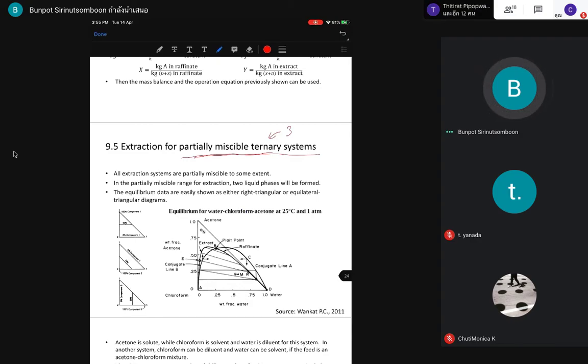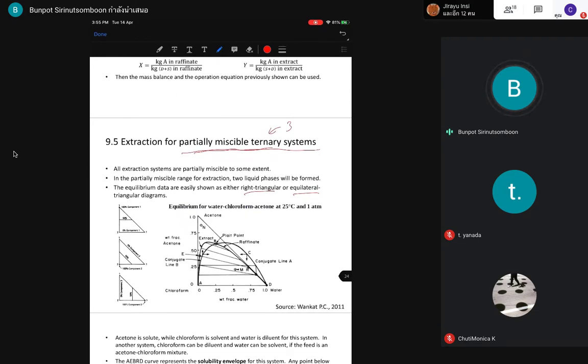So to solve this problem, you have to be able to understand and construct the triangular diagrams. For the three components, there are two types of triangular diagrams: right triangular or equilateral triangular. Equilateral means the three sides are equal.